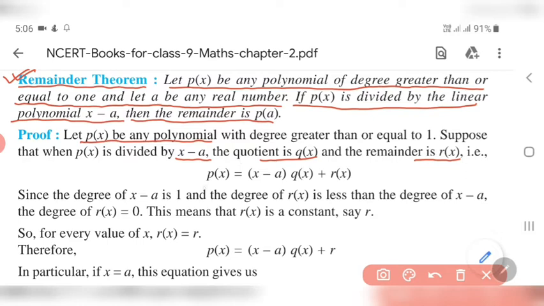So ultimately this equation we will get, representing the remainder theorem. That is, P(x) is equal to (x minus a) into q(x) plus r(x). Is it clear?